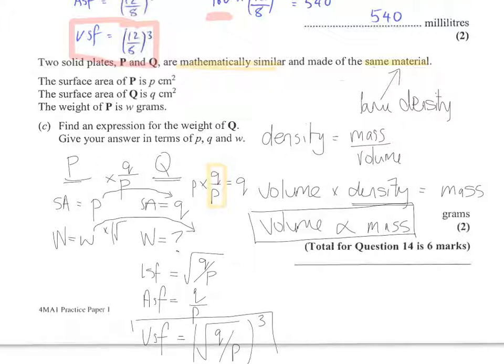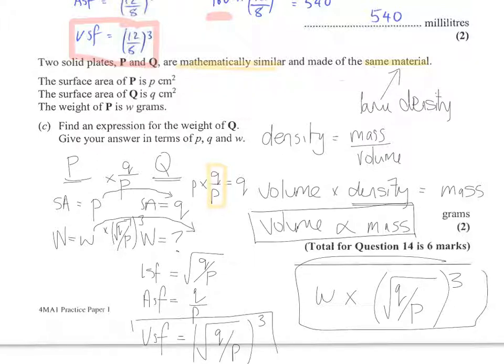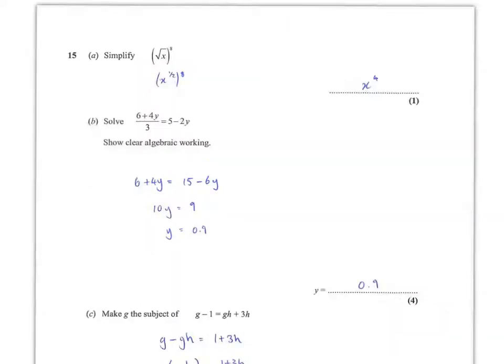So the square root of Q over P all cubed. So I'm taking my weight W and timesing by my volume scale factor, Q over P all cubed. This is your final answer. That is the weight, technically should read in the question mass, of the solid plate Q.